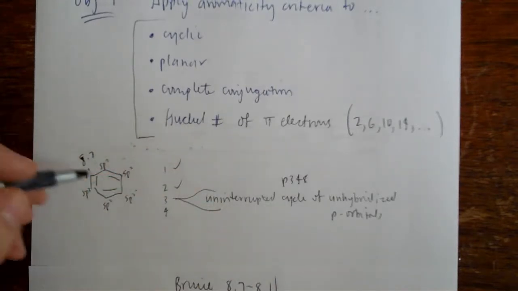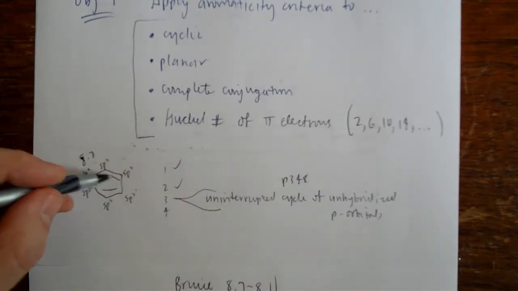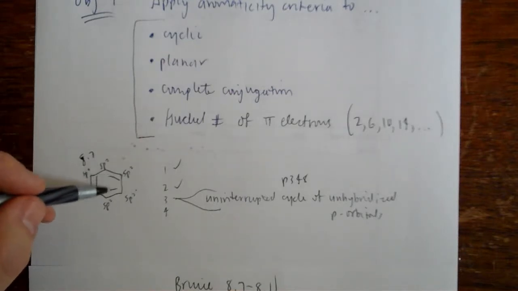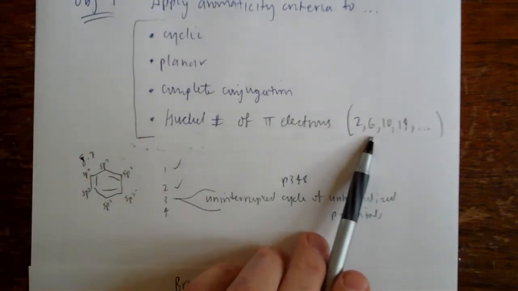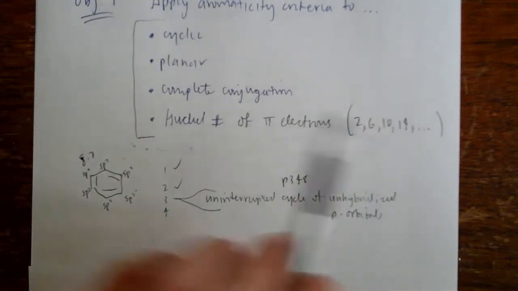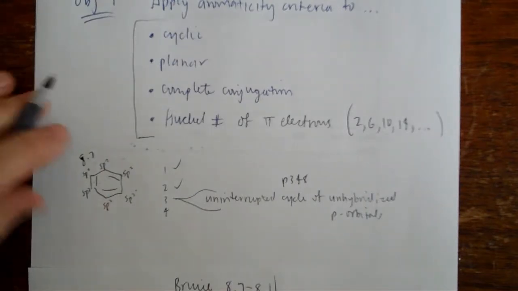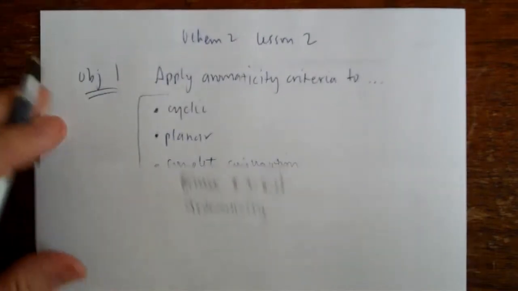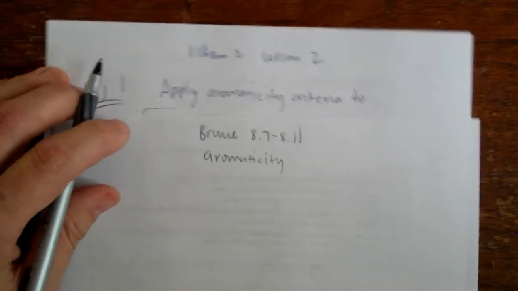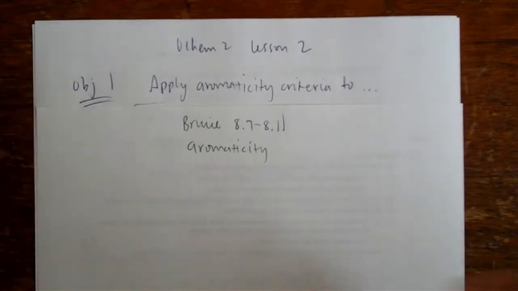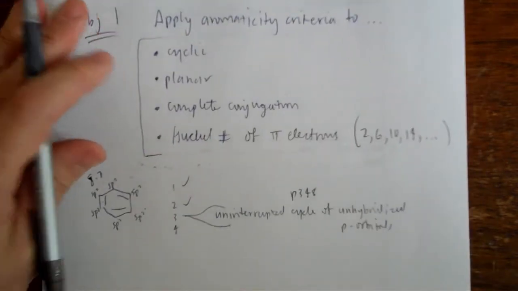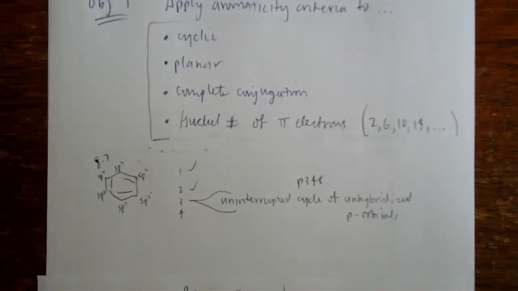The Huckel number of pi electrons. So these are pi electrons, these are pi electrons, and these are pi electrons: 2, 4, 6. And that's the Huckel number right here. 2, 4, that's a 6. And so yes, this is aromatic. Alright, so again, objective number 1 is to apply aromaticity criteria to a bunch of things. Okay? And so we've just done that with benzene.